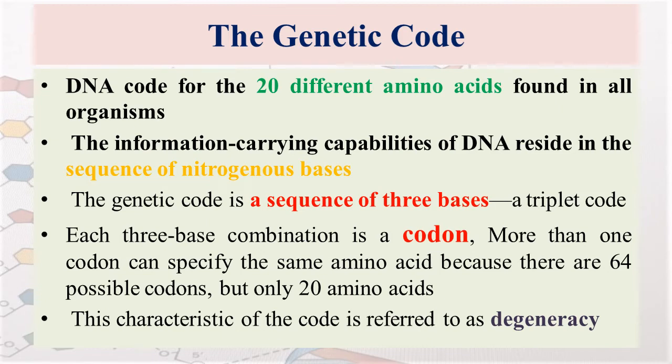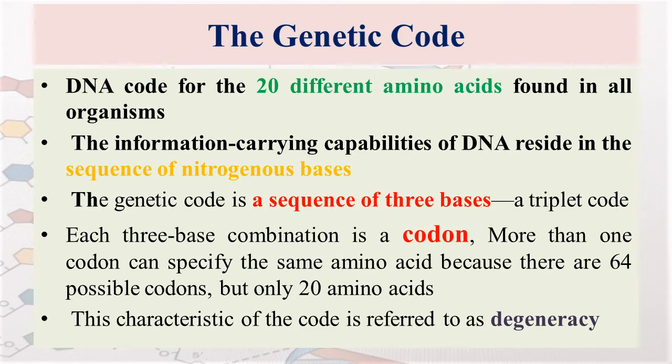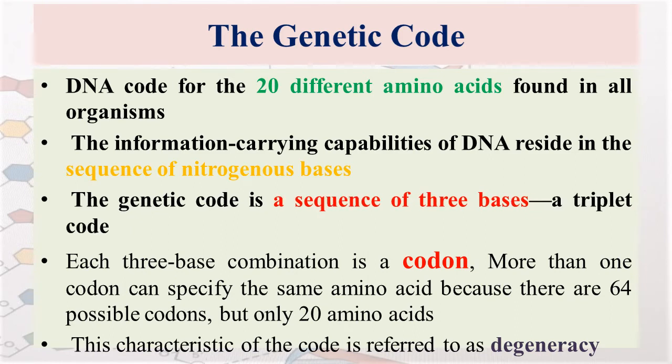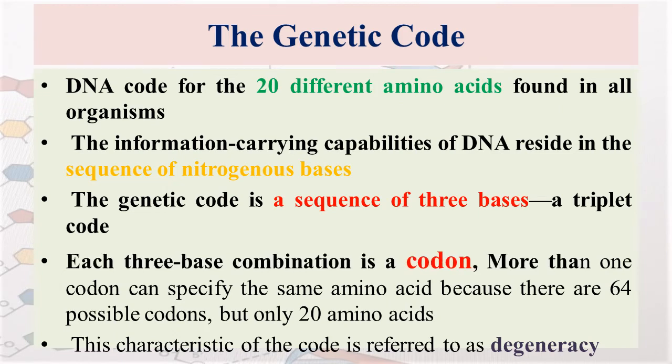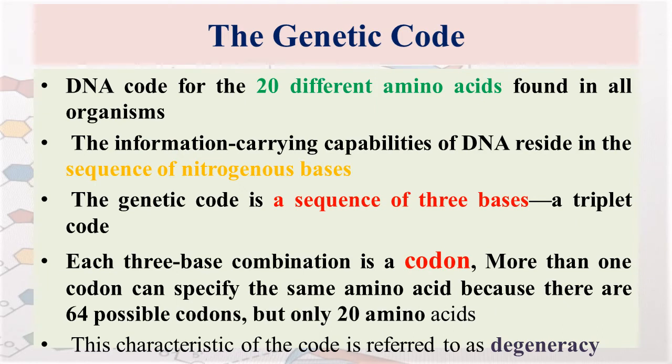It means that the sequence of nitrogenous bases plays a very important role. What is a genetic code? The genetic code is a sequence of three bases, also called a triplet code. Each three-base combination is a codon.